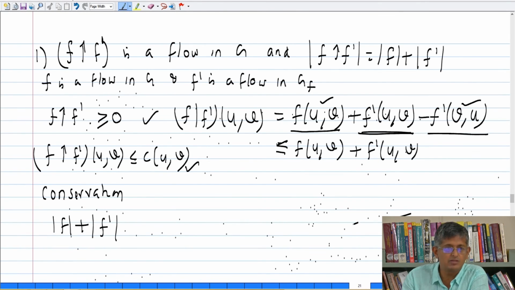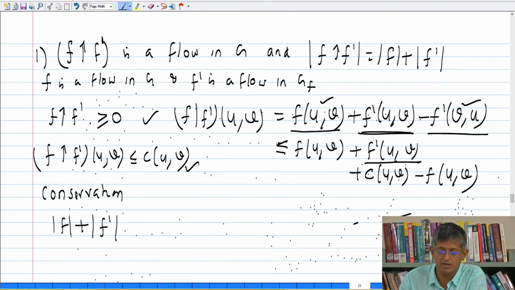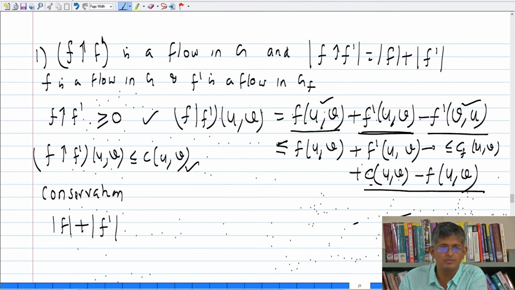This is U comma V, this is U comma V. So this is equal to the capacity of U comma V in the network minus F of U comma V. That's the definition of the residual capacity. So F prime of U comma V is less than or equal to the residual capacity Cf of U comma V, because f prime is a flow in the residual network, and Cf of u comma v is exactly equal to this value.